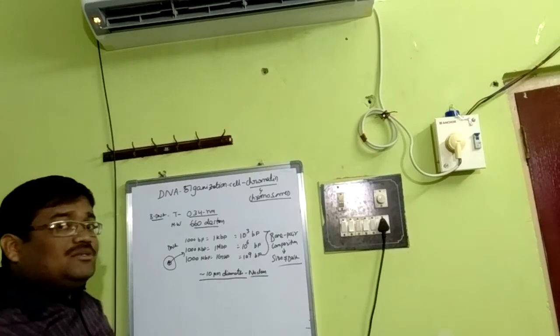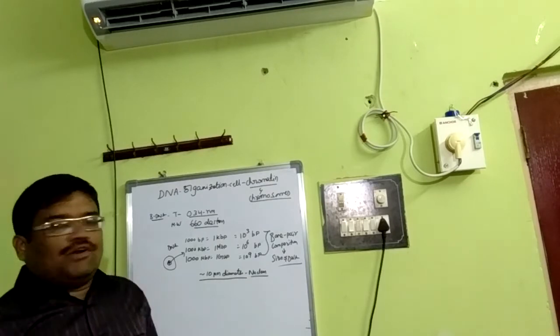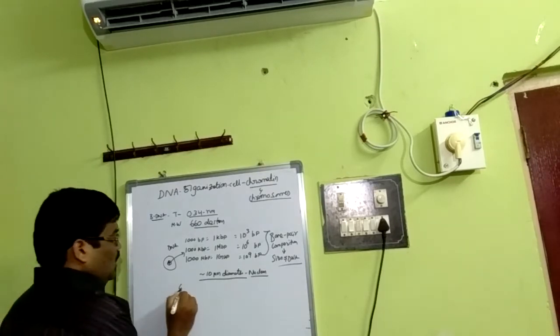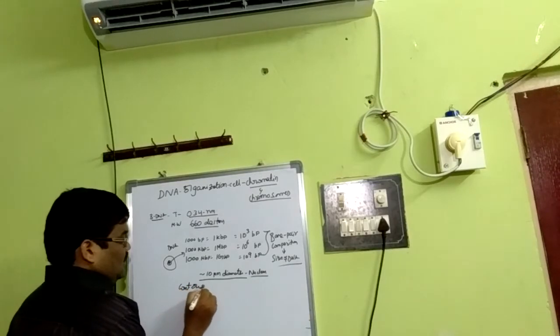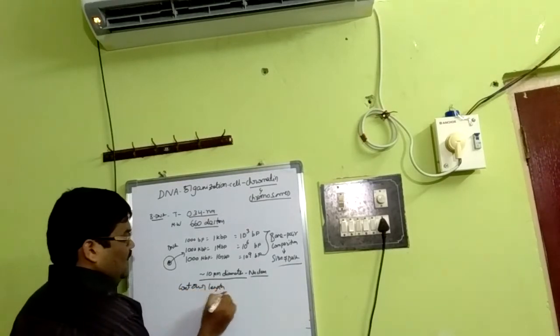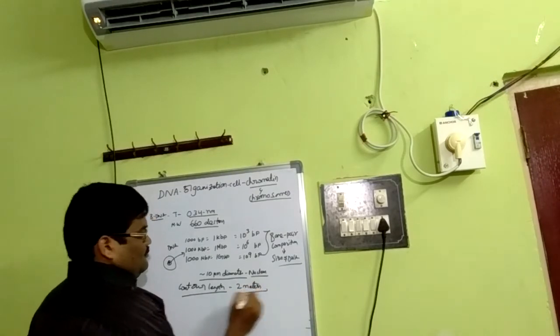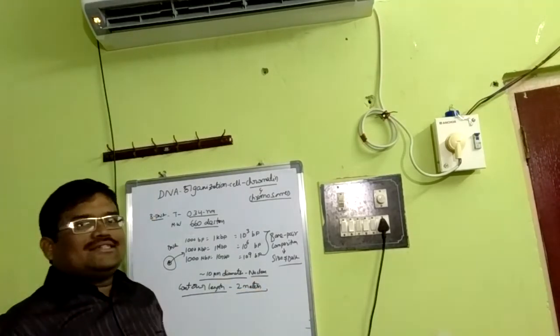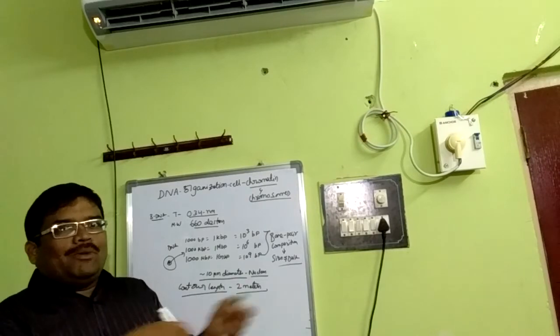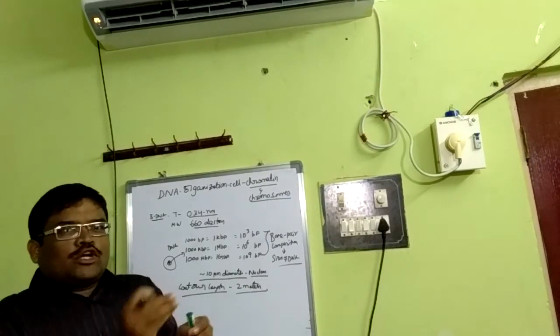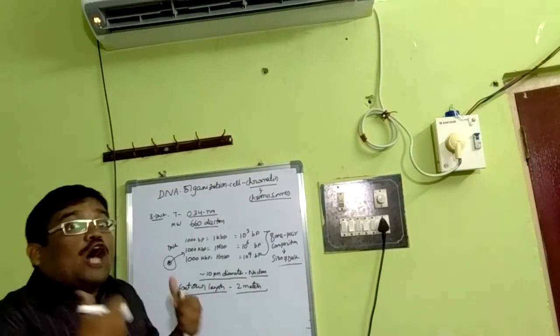And the most important point in terms of length is what we call contour length. The contour length of DNA is 2 meters. For example, take a eukaryotic cell. If we measure the total genomic DNA in a cell, it is called contour length.